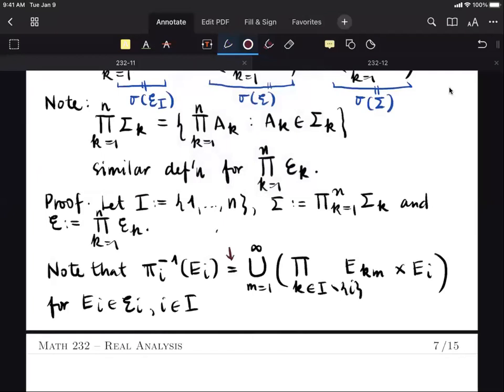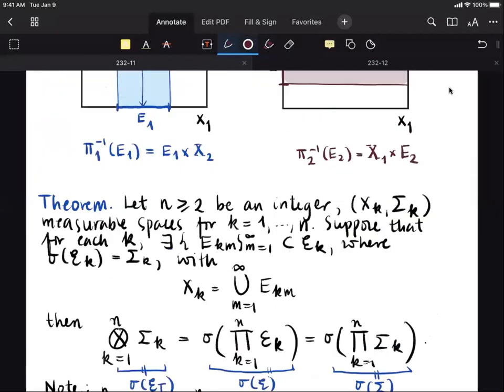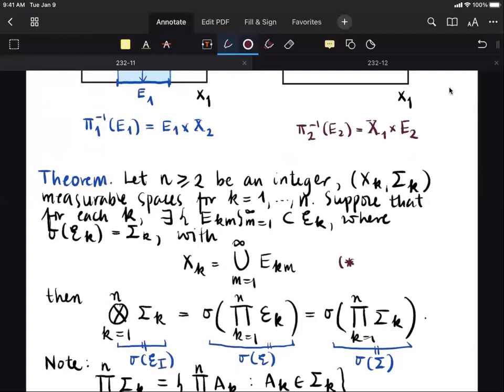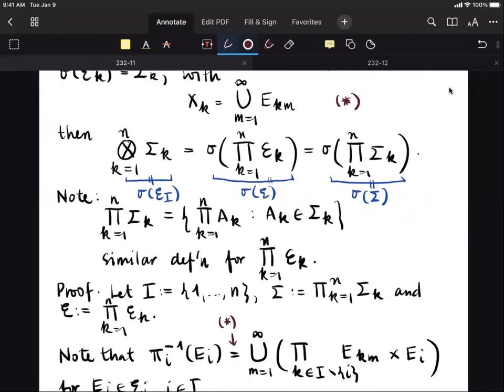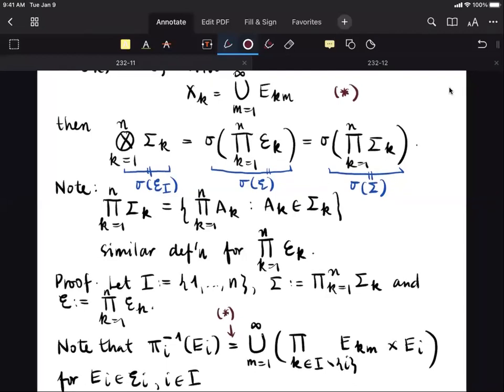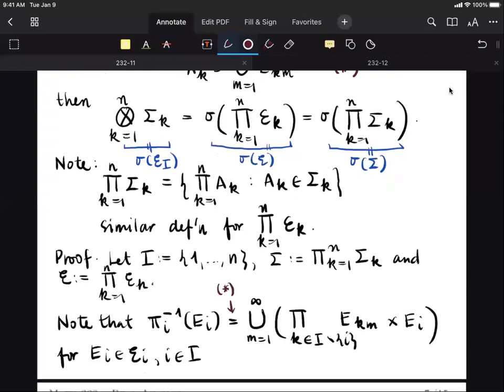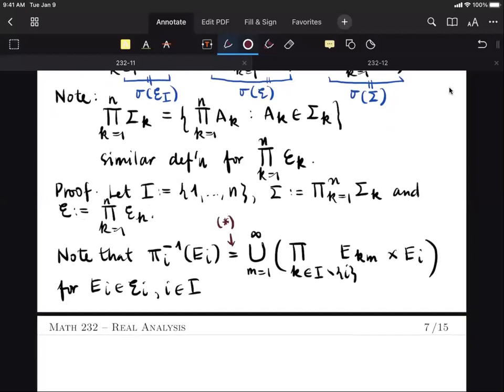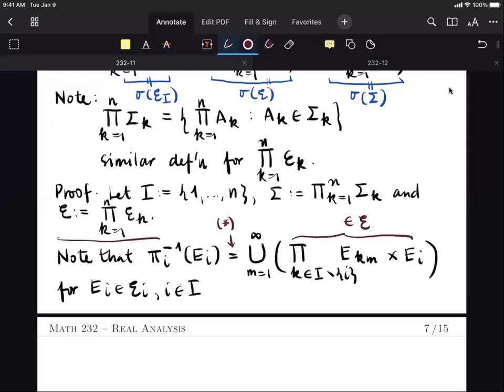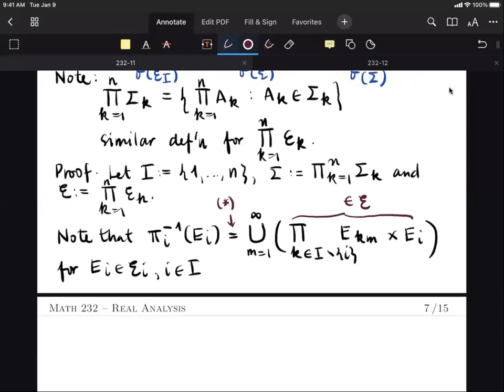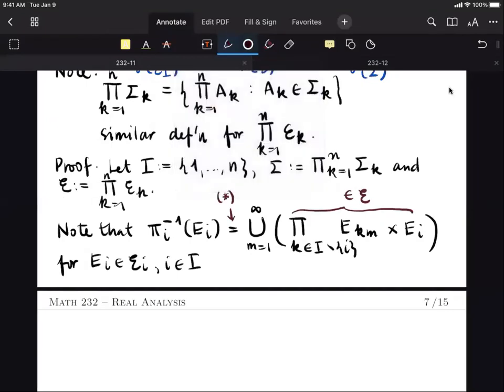This follows from our assumption here. You replace X_k by this union, and then you apply the associative property of products. Here you can notice that this is in E by the definition of E. So this one is indeed now an element of sigma of E.